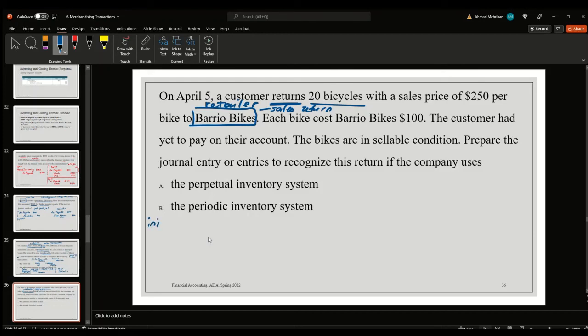So the initial sale was what, 20 bikes. We don't know how many bikes in actuality they sold.